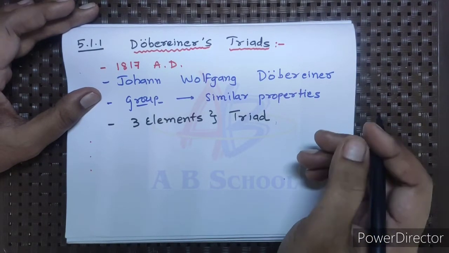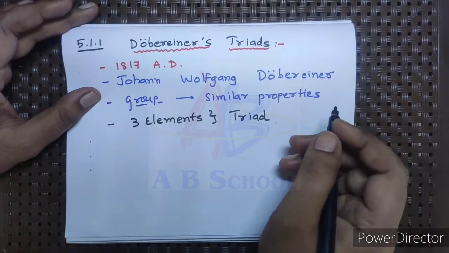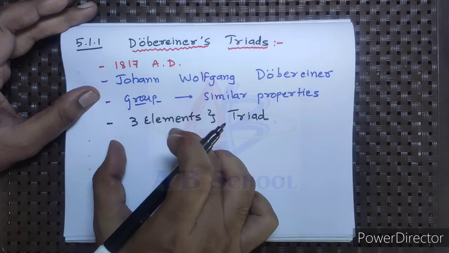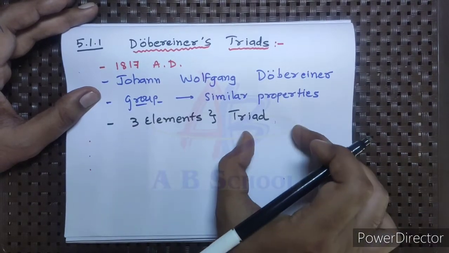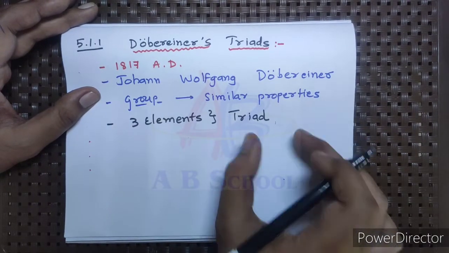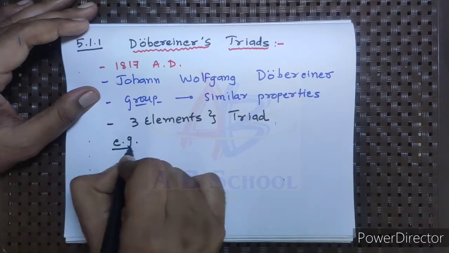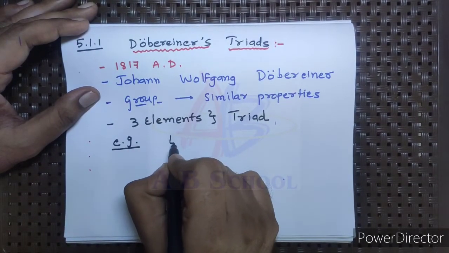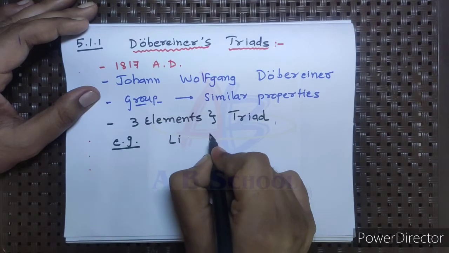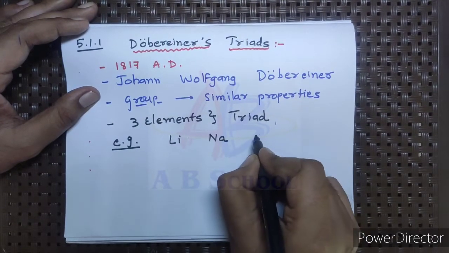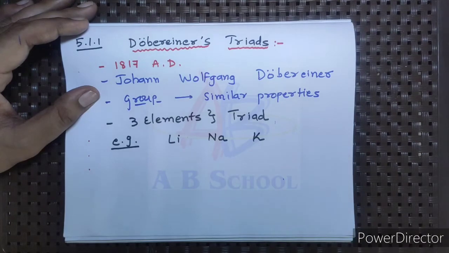His idea was simple. The idea was to arrange the elements in the ascending order of their atomic mass. Say, for example, one of the triads given by Döbereiner was lithium, sodium and potassium.